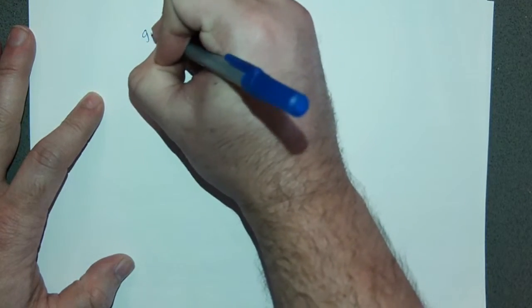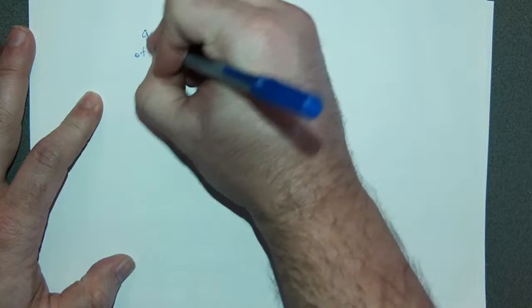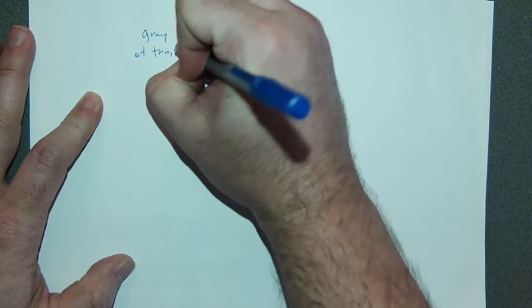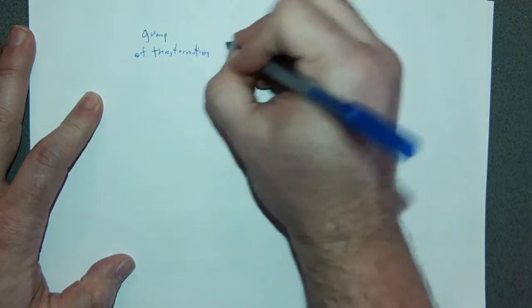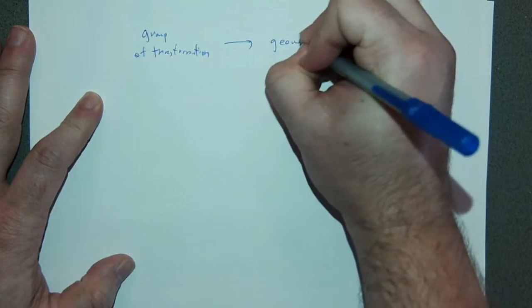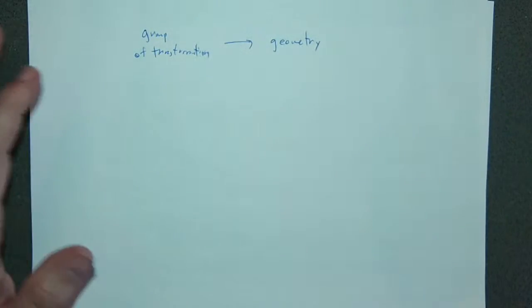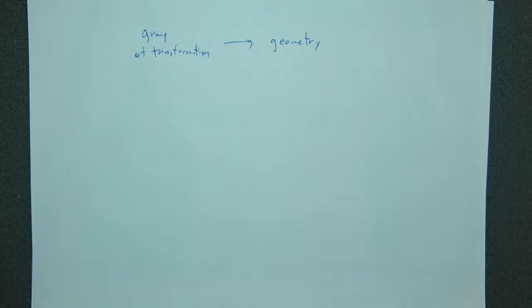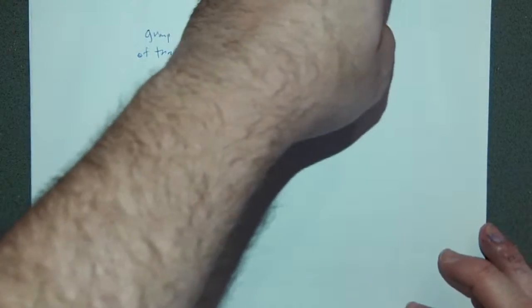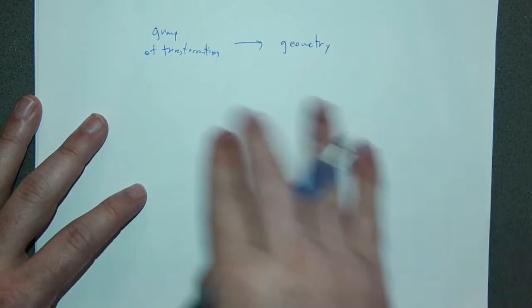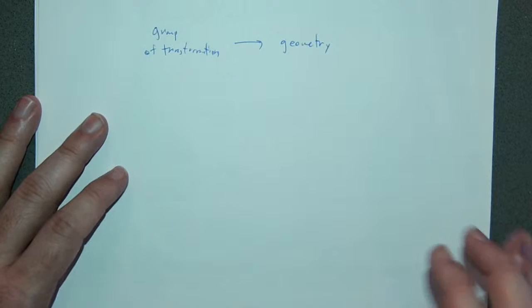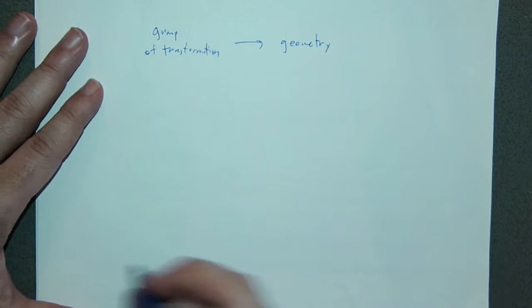So a group of transformations gives rise to geometry, rather than going in the other direction, which is what was done for most of history. And so our group of transformations, these extended RP1 transformations, are going to give rise to a geometry. And the question is, what does the geometry look like?